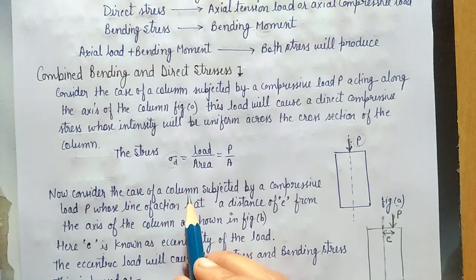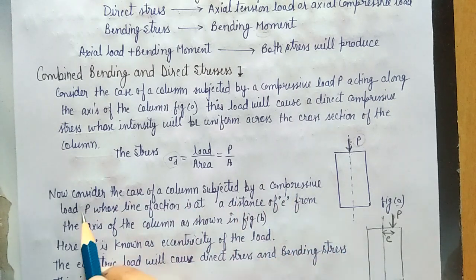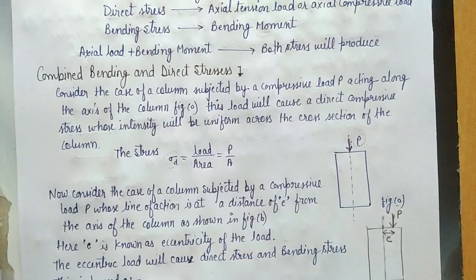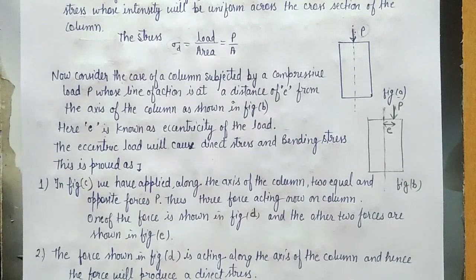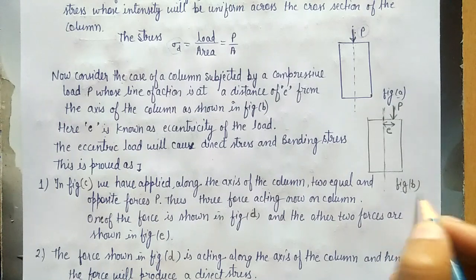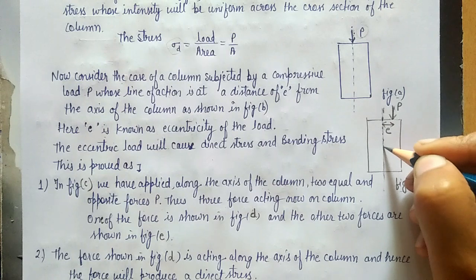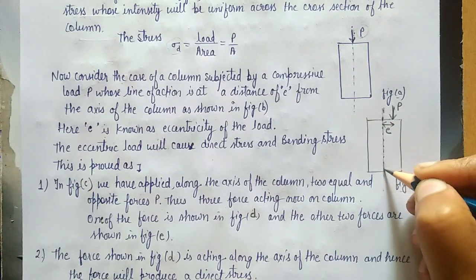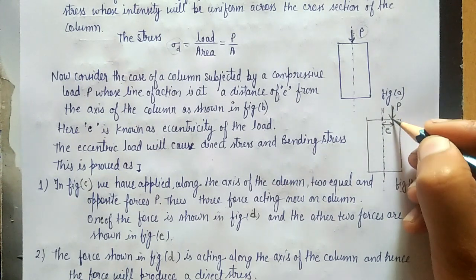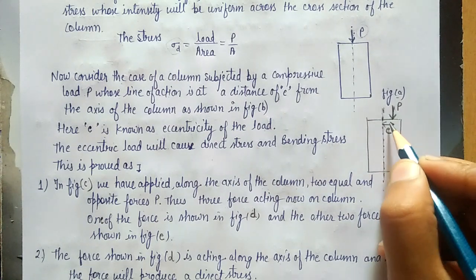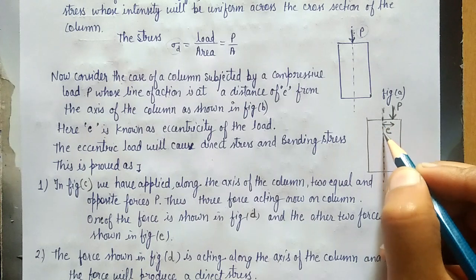Now consider the case of a column subjected to a compressive load P whose line of action is at a distance of E. That means now we consider our case in figure B, in which this represents the axis of the column, but the load P is acting at a distance E from the axis of the column.